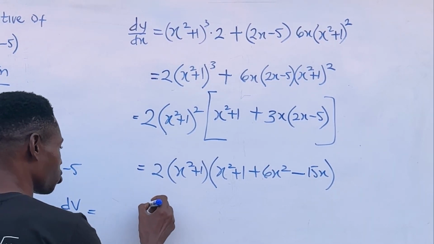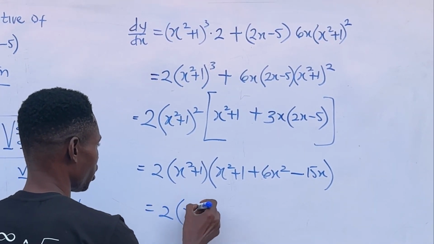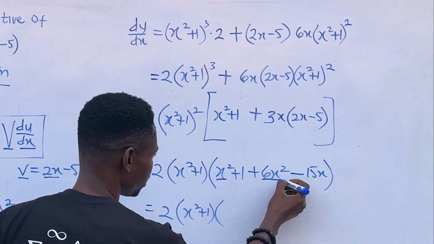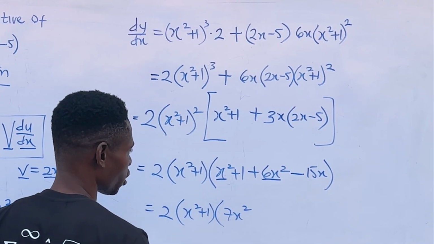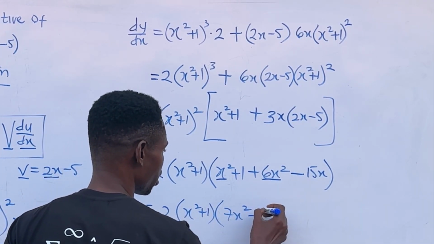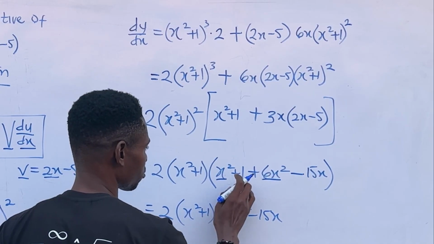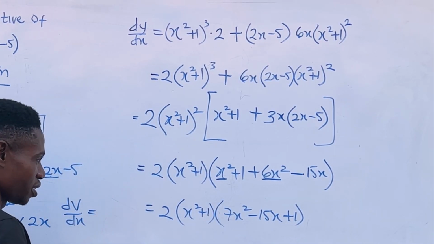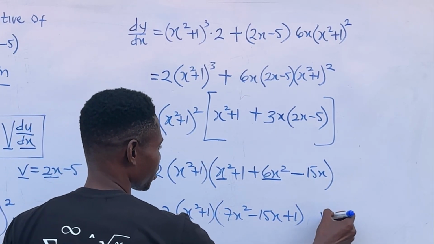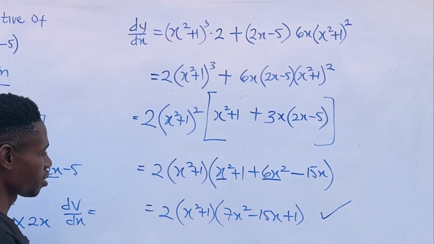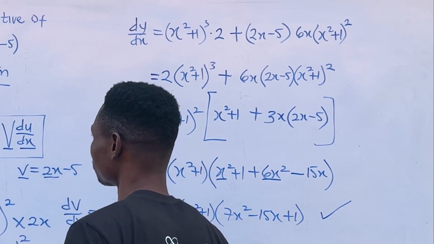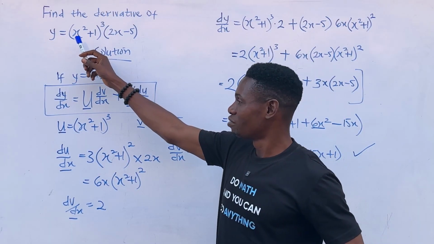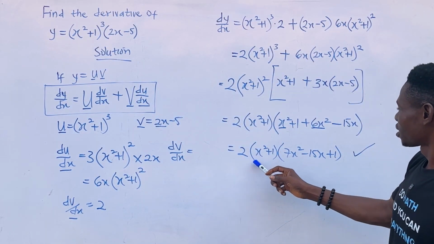So this will give us 2 into (x squared plus 1) squared into, this x squared plus this 6x squared, that's 7x squared, minus 15x plus 1. That's where we can stop. A bit lengthy but interesting. So the derivative of this is this.